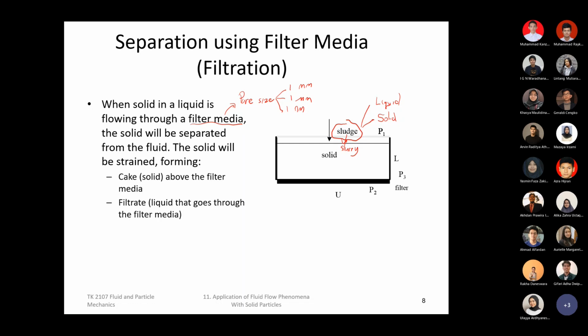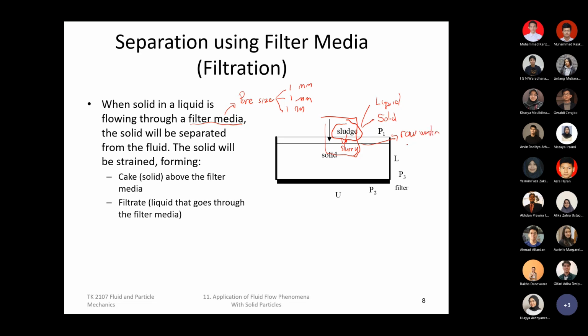or even in drinking water production. In terms of the feed itself, it's not always as dirty as this kind of sludge or slurry. Sometimes it could even be raw water that contains some solid.